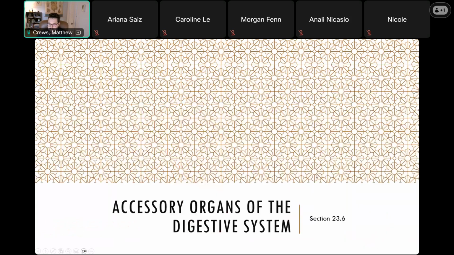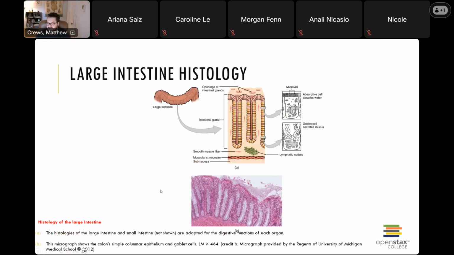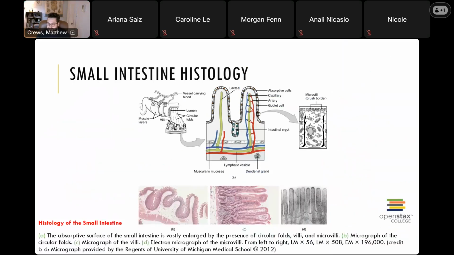Okay. Large intestine questions. Any questions? So if I show you a histology slide in a lab test, and I say this is a part of the intestine, which part is it? What would you say? You would say large intestine because the small intestine is more gappy.